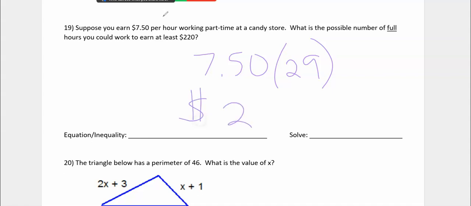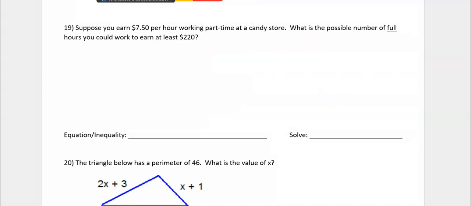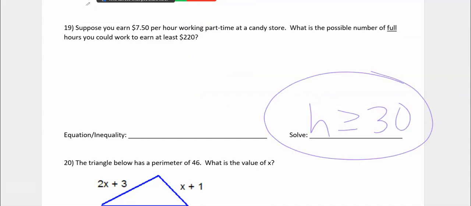You would make only $217.50, but I need 220. So you got to round it up. And I need to work at least 30 hours. We'll write it. So 30 hours, 31, 32, whatever. Anything more than 30 hours or equal to 30 hours, and I'm going to hit my goal of $220.